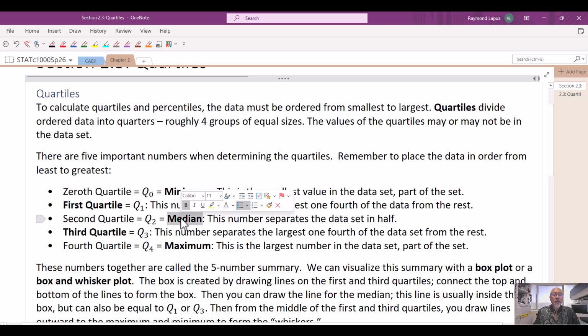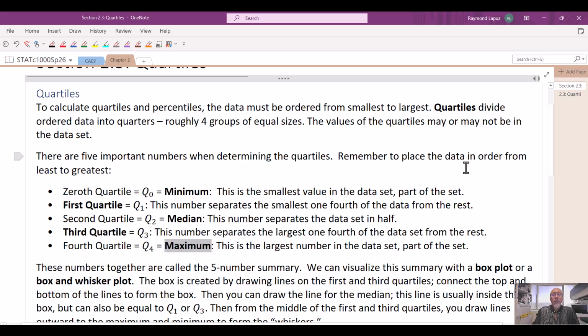The median is the number that separates half of the data. And then the third quartile is at the 75th percent mark. So 75% of your data is below this number and 25% of the data is above that number. And then you have the maximum. That's the largest number in the data set.